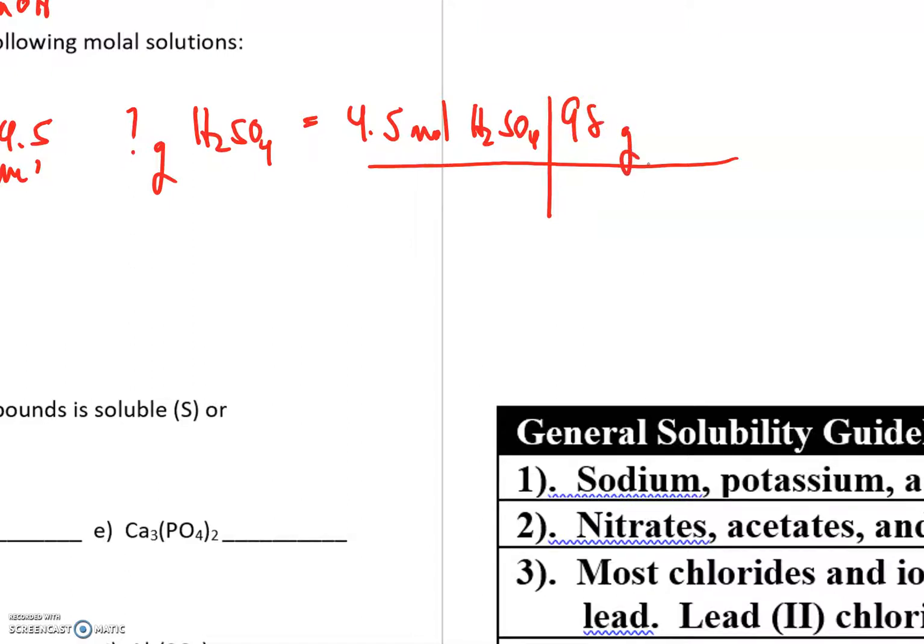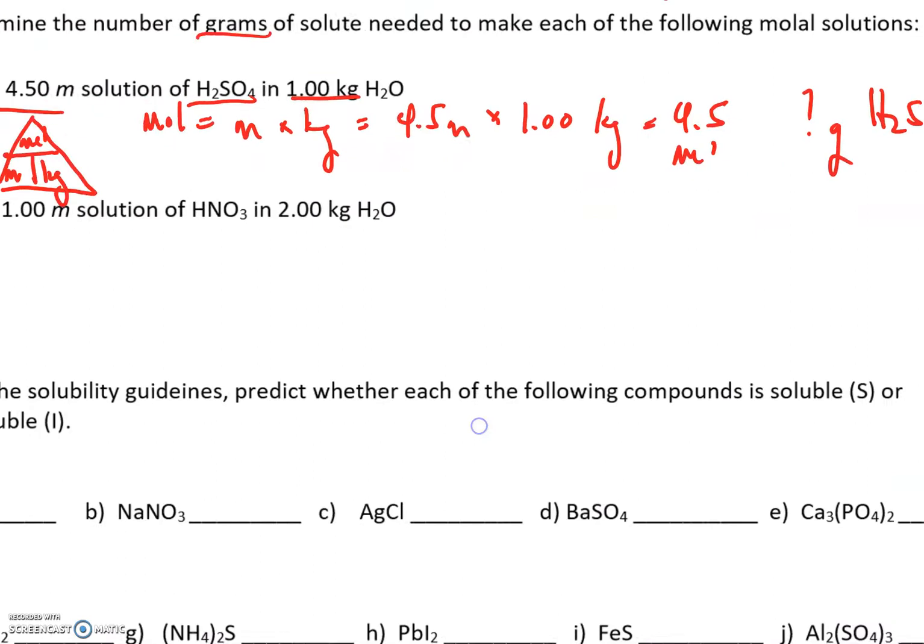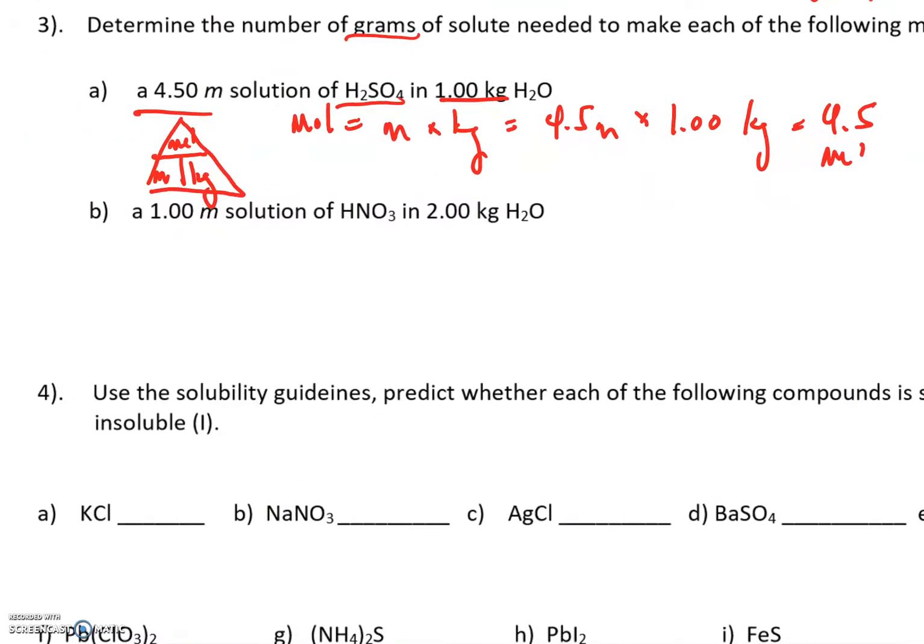Sulfur is 32. 4 oxygens, they're each 16. That's 64. Plus 2 hydrogens in 1 mole. So, how many grams do you have if you got 4.5 moles and there's 98 grams in a mole? 441 grams.